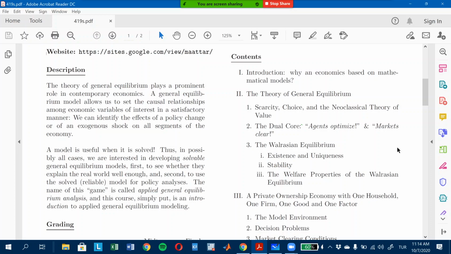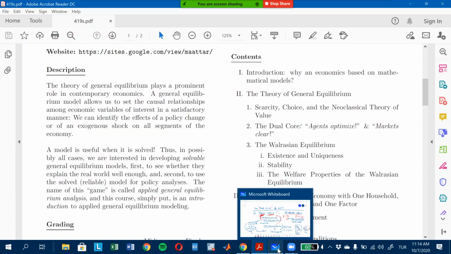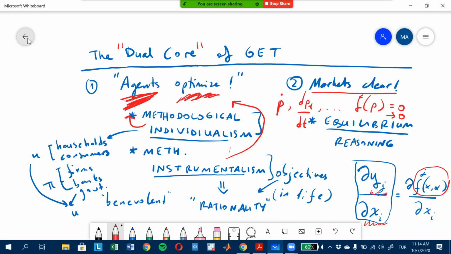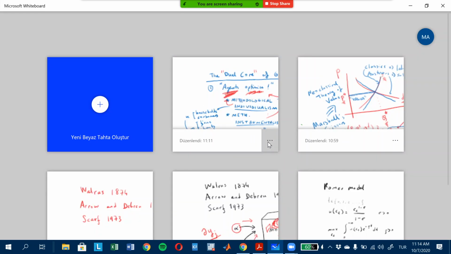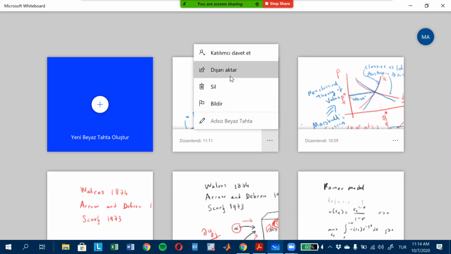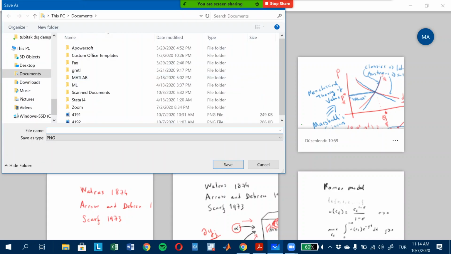Now, a couple of things before we go. Let me also export this very quickly. Maybe we can use these later on. So, general equilibrium theory that we are going to use will be, of course, a mathematical theory.